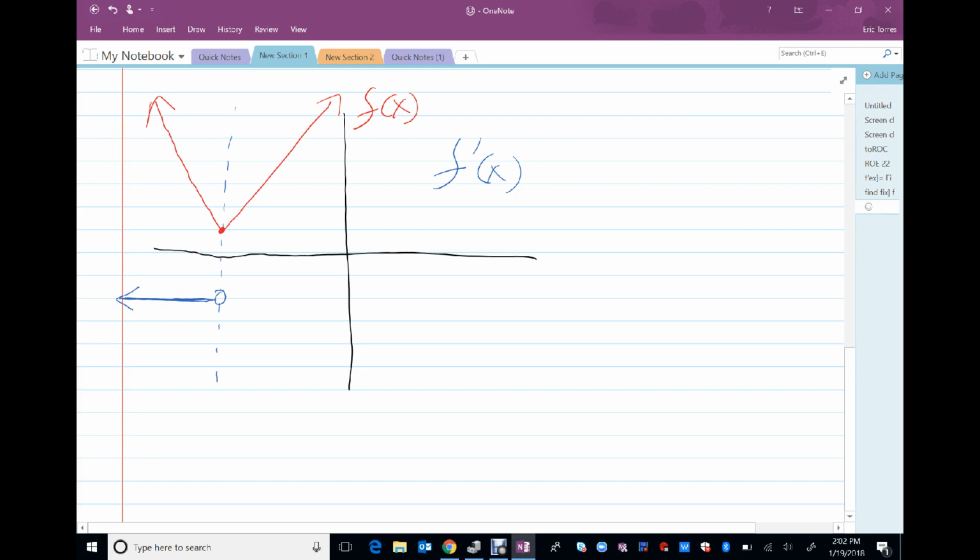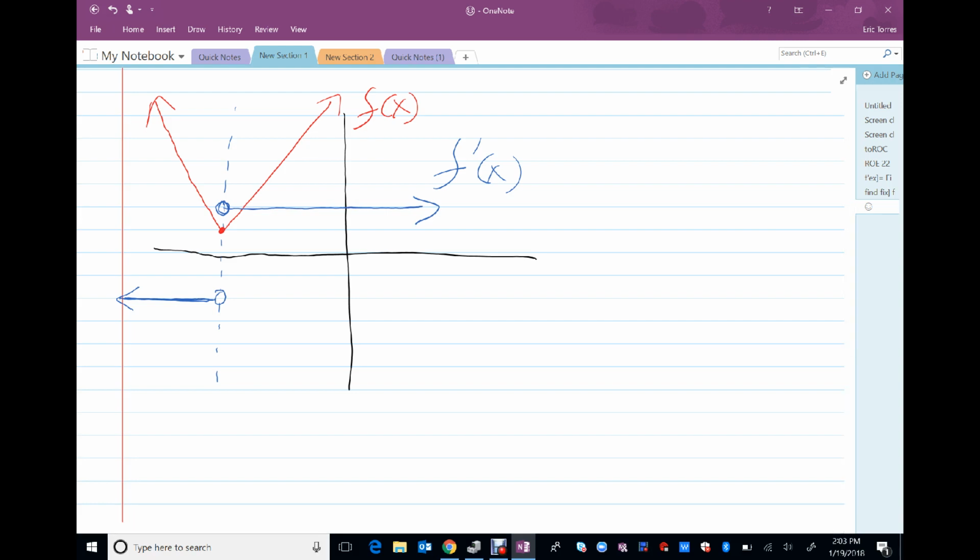But when I get to this side of the function, again, this is a piece of a straight line. Its slope is going to be a constant value, and it appears to be positive, the same positive as this is negative, more or less. So again, I'm going to start with an open dot there and go to the right as a constant value. And this is my derivative of that function.